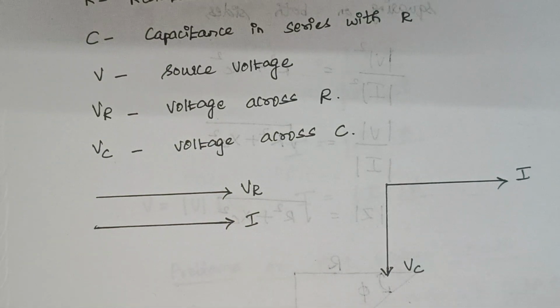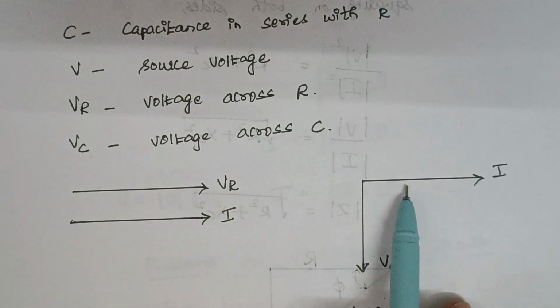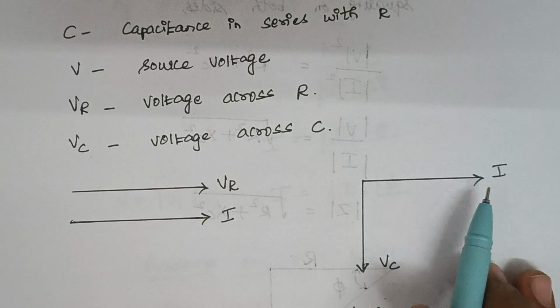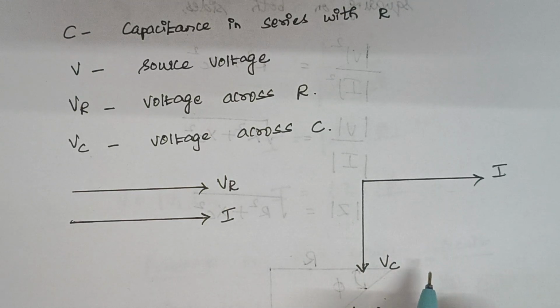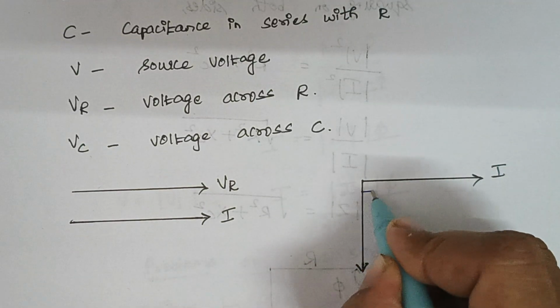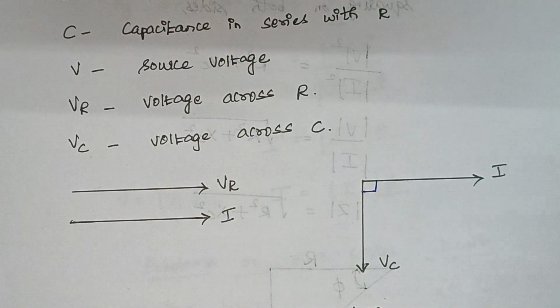Whereas here, this is the relationship between voltage across the capacitor and the current flowing through the capacitor. In this case, the current leads the voltage by how many degrees? By 90 degrees, or we can say voltage lags the current by 90 degrees. In both ways it is correct.